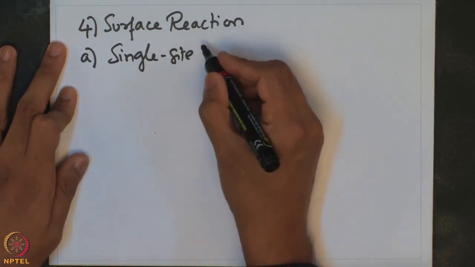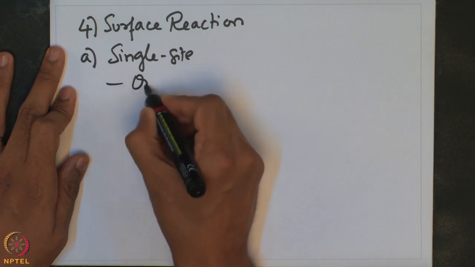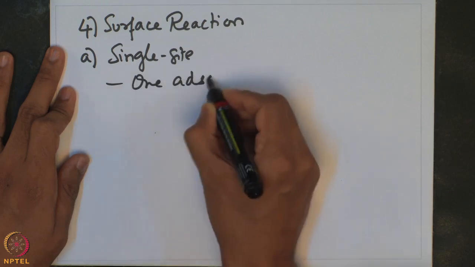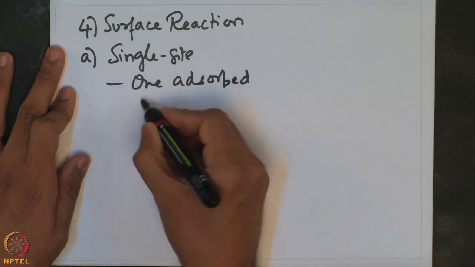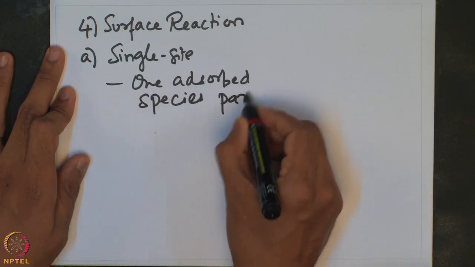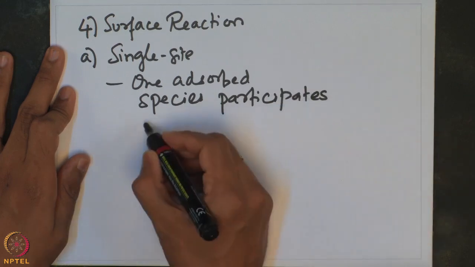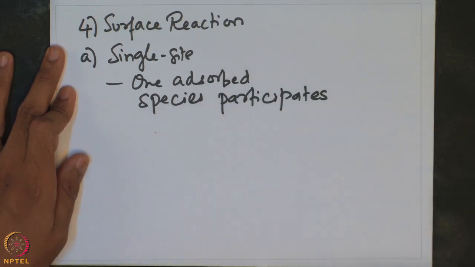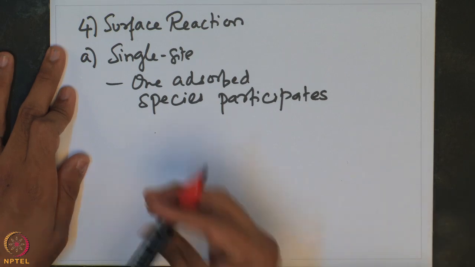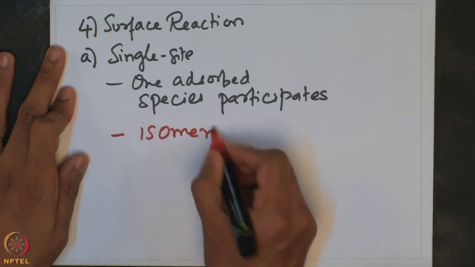So, it is a single site reaction where only one adsorbed species participates in the reaction. A good example of this, where there is only one species that actually participates in the reaction, is let us say an isomerization reaction.